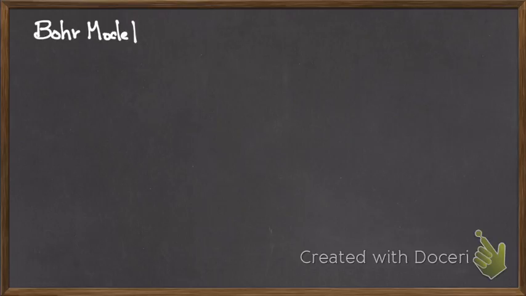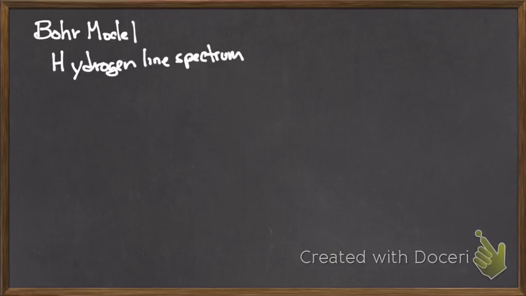But Bohr basically said, hey, I want to explain the behavior of hydrogen. So he's looking at the hydrogen line spectrum. And his model that he uses to explain this is that the atom, like a hydrogen atom, so there's the nucleus, that's a plus, is like a planetary system.